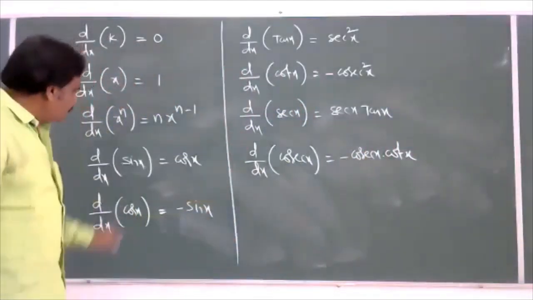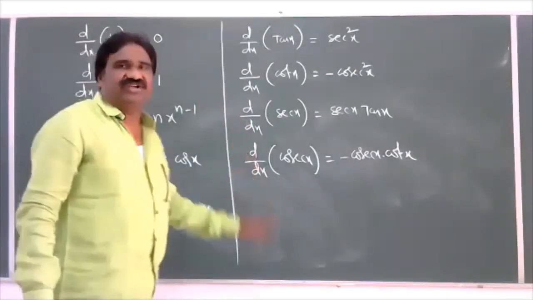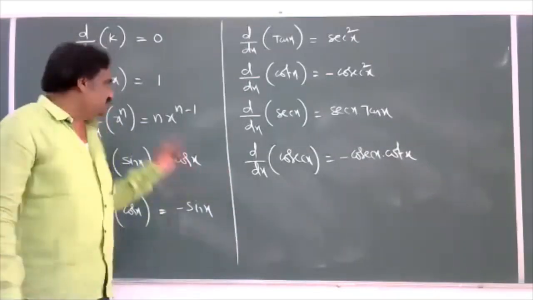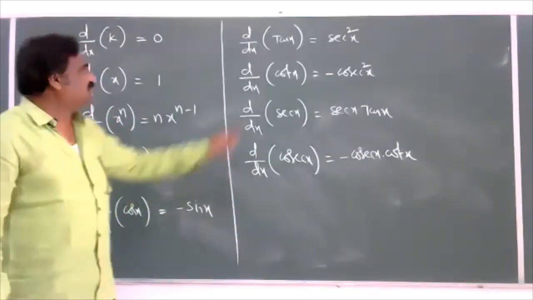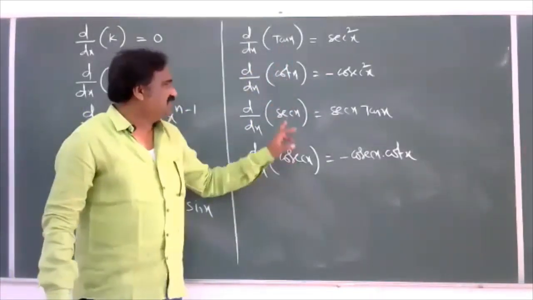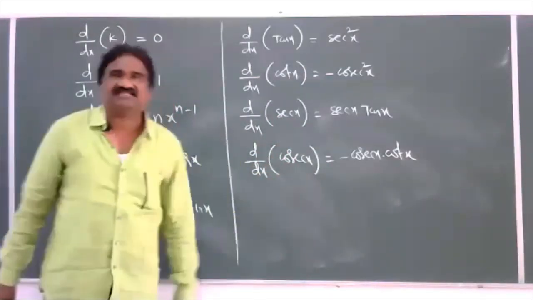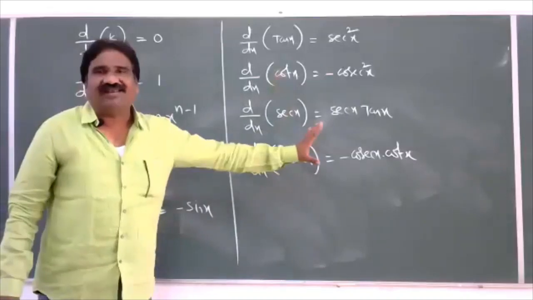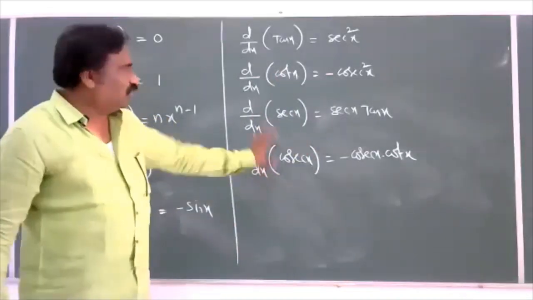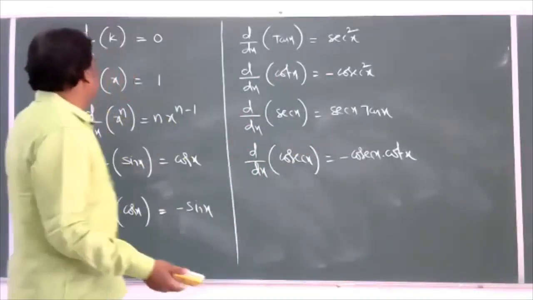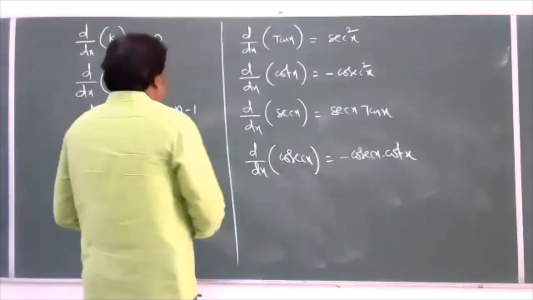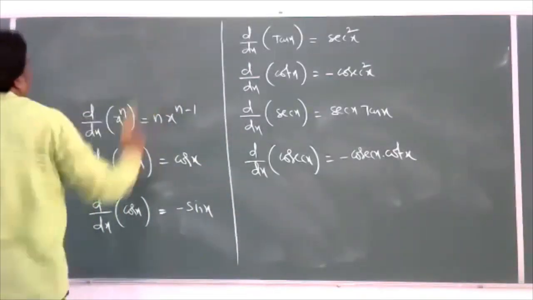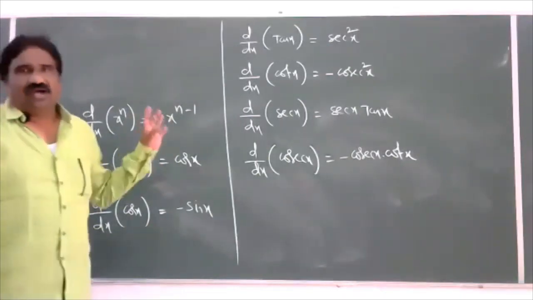These are the formulas of the 6 trigonometric functions: sin x, cos x, tan x, cot x, secant x, and cosecant x. Already you know these formulas. And there are other formulas here, so copy this.